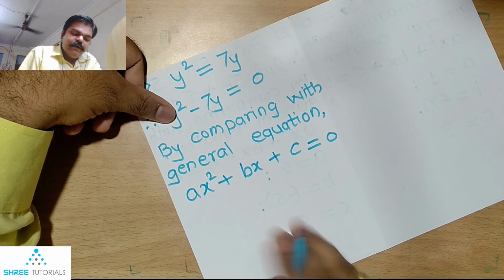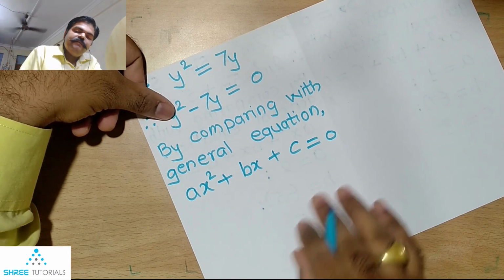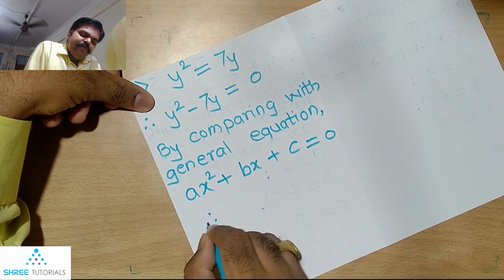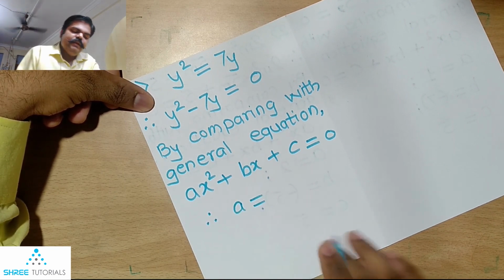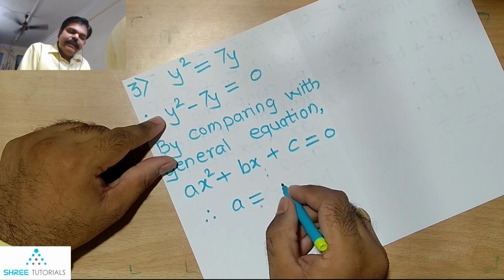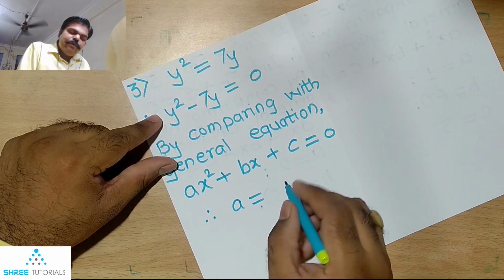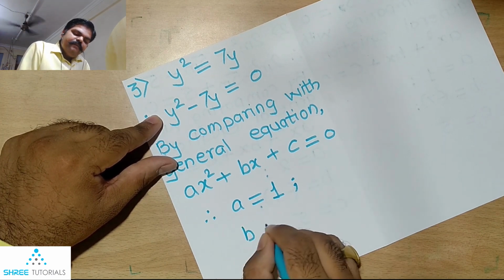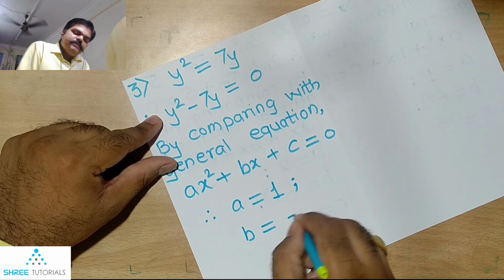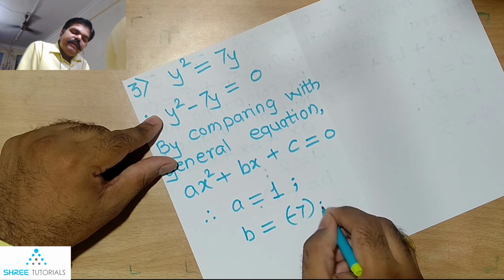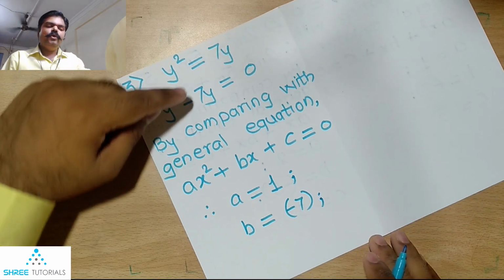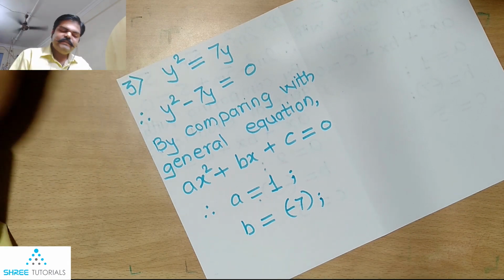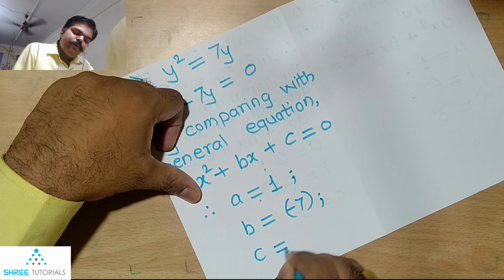Once we have written the general equation, we go ahead with the comparison, and we take a call that a will be equal to 1. Y square did not have any coefficient, therefore a has a value of 1. b will have a value of -7, but we cannot see any constant over here, and therefore straight away we write that c's value is equal to 0.